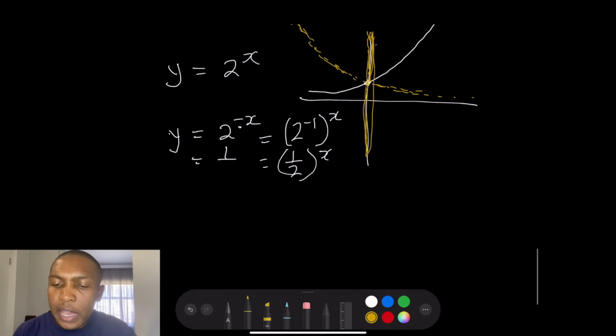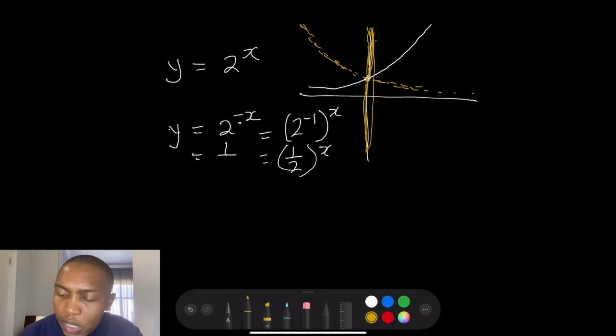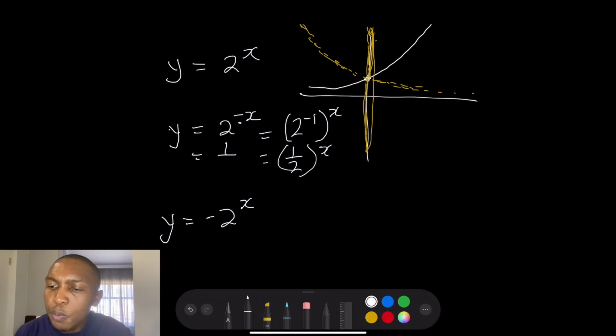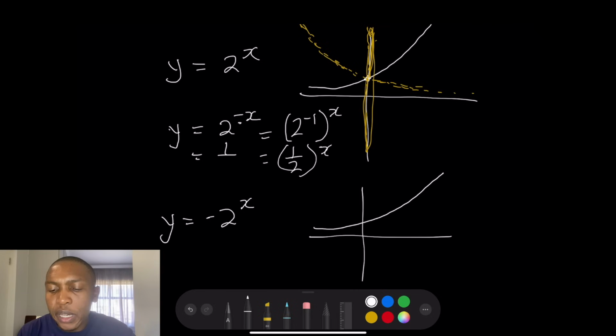And then secondly, what if I wanted to draw a graph y is equal to -2^x? What would be the difference? If this again is our original graph, this is what it would look like. What would the graph of -2^x look like?